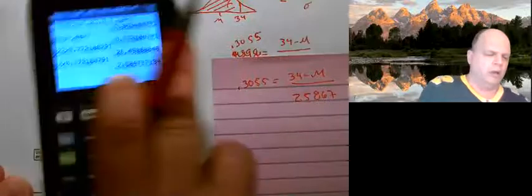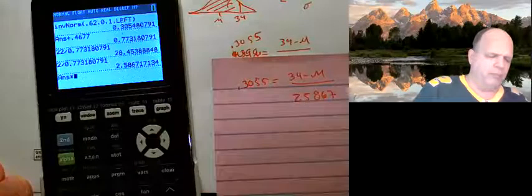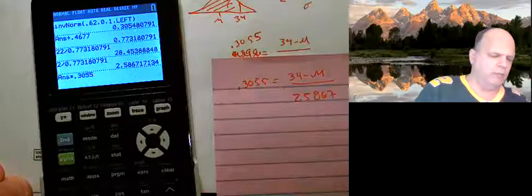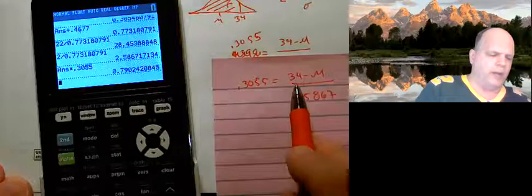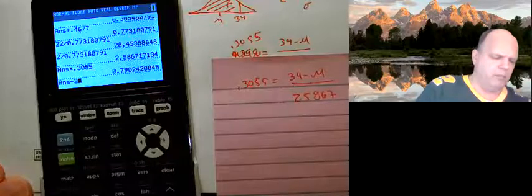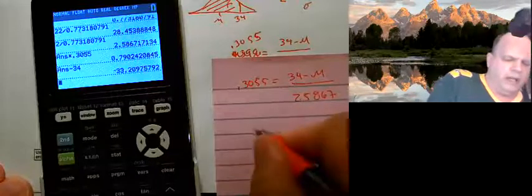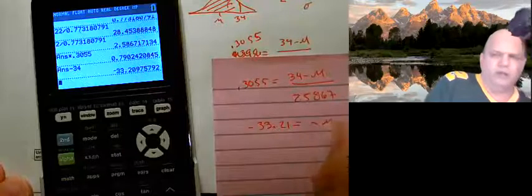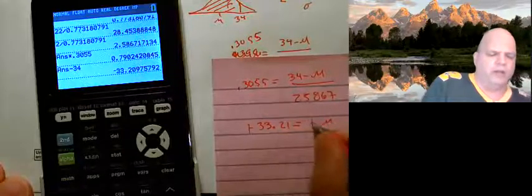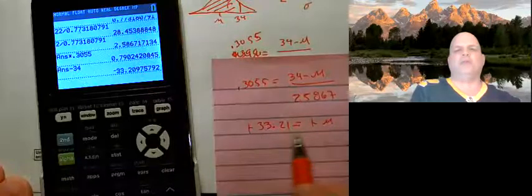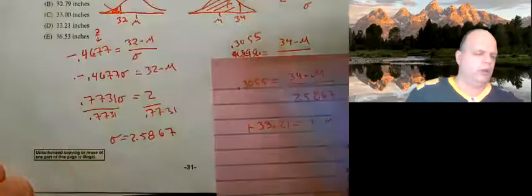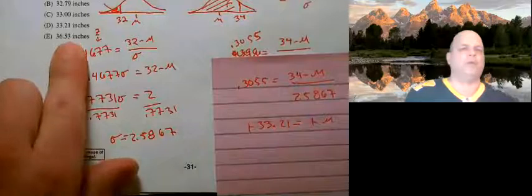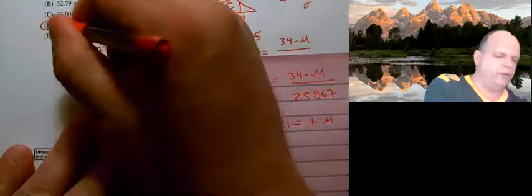So times 2.5867 by 0.3055, subtract 34, and I get negative 33.21 equals negative m. Make both sides positive, and I end up getting 33.21 equals m. So 33.21 equals m, and my best answer is D.